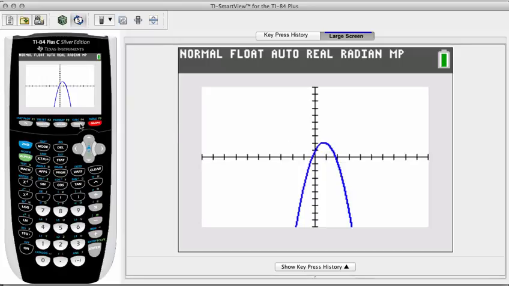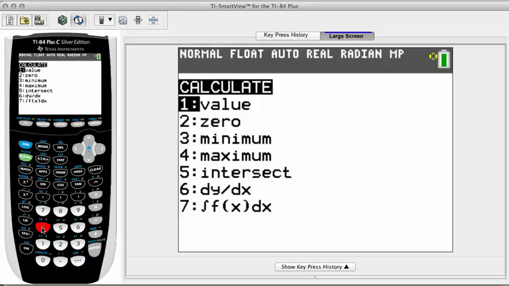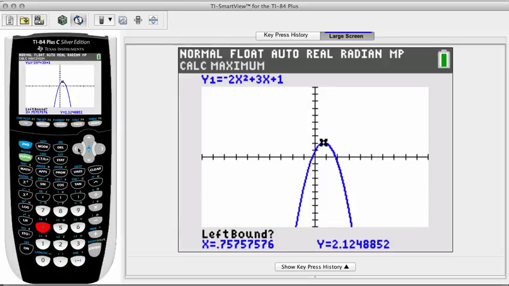So let's go ahead and find the maximum, and I'll bet you it happens at the x value of 3/4. And we'll just use our calculator features to do that, to find the maximum. So let's see, go a little to the left, a little to the right, and voila, there's your x value of 0.75, 3/4.